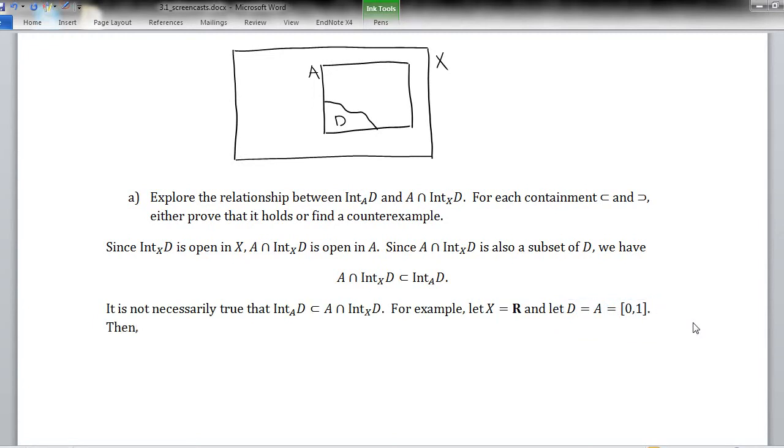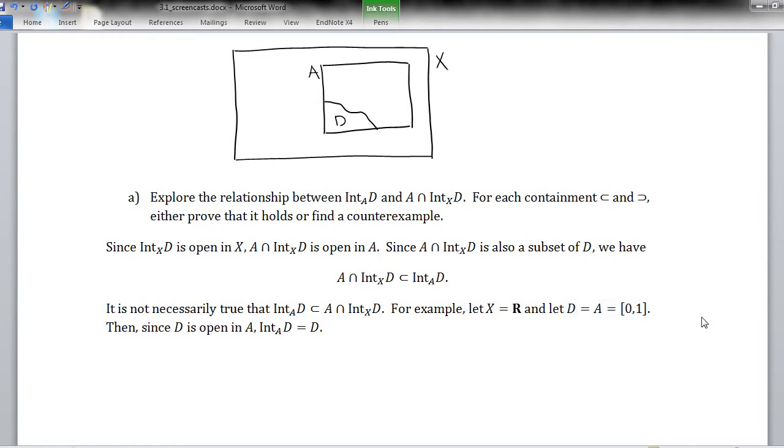Well then, since D is open in A, right? D is equal to A, so it's actually open and closed in A. Since D is open in A, we have that its interior inside of A is just itself. It's already open, so its interior is itself.